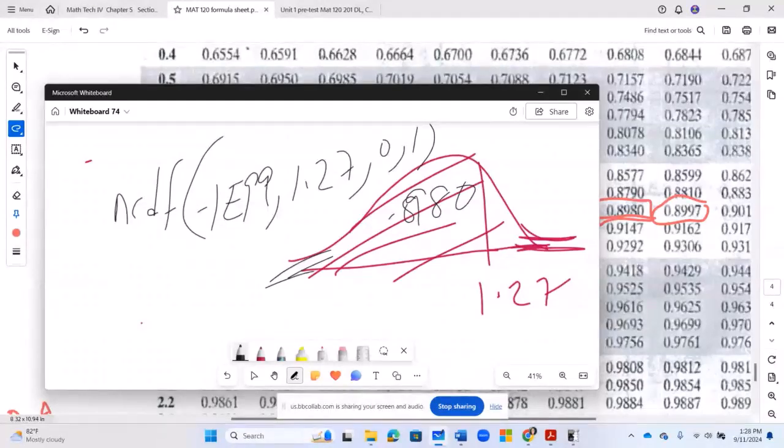All right, let's use the chart to read again area to the right. We read area between from the chart, we read area to the left. This time we're going to read area to the right. And actually we are done for the day, unless you have a question.